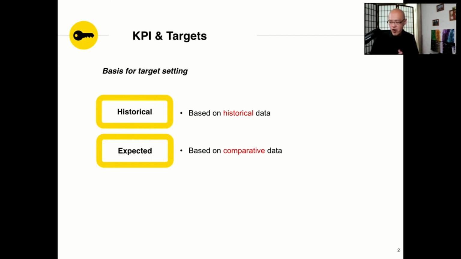Another aspect of comparative data could be internal comparison data.